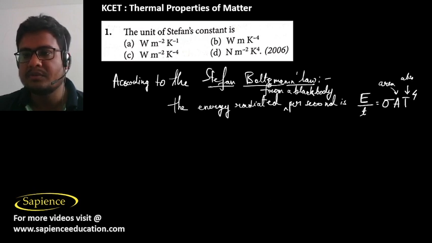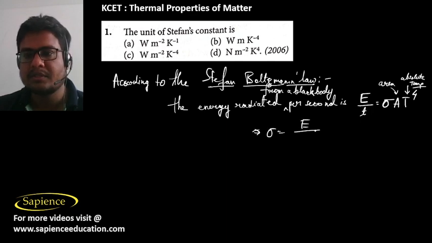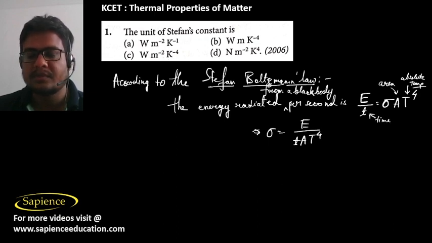Absolute temperature means the temperature in the Kelvin scale, and sigma is called the Stefan's constant. Therefore sigma can be written as E by t A T power 4. Here t is the time and E is the energy.